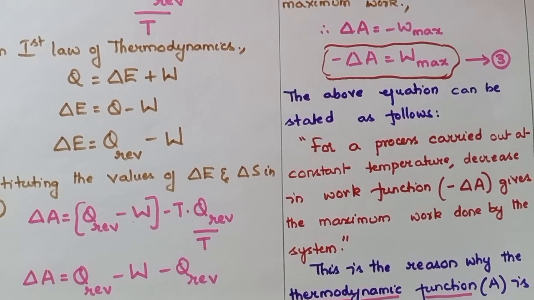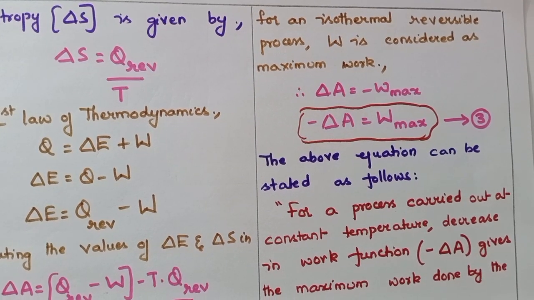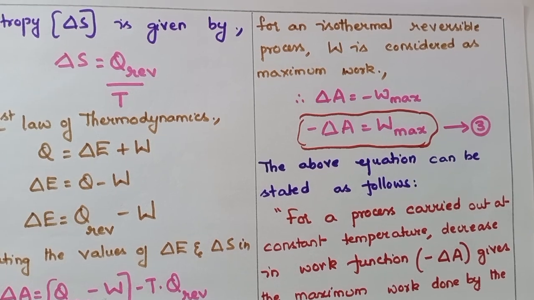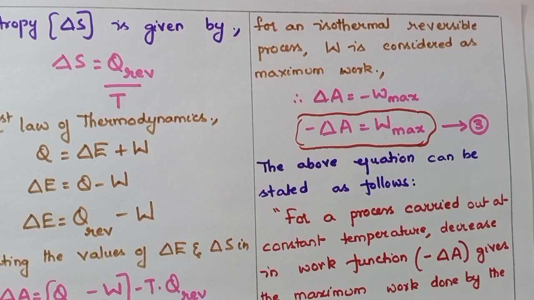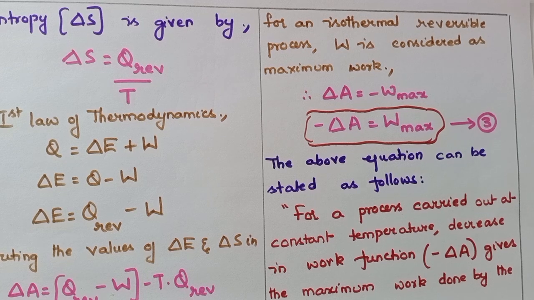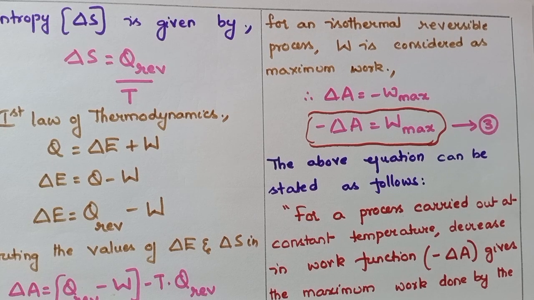So, for an isothermal, next below write down. For an isothermal reversible change, for an isothermal reversible process, W is considered as maximum work. So, we write it as W max.